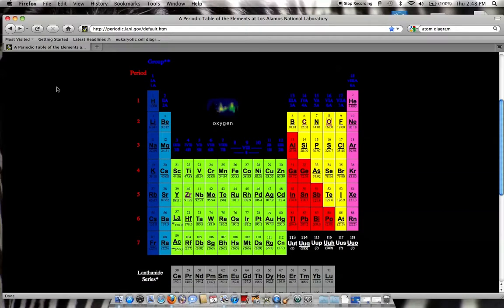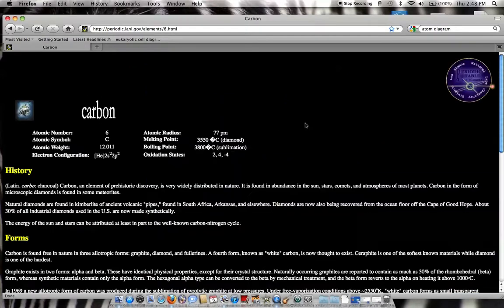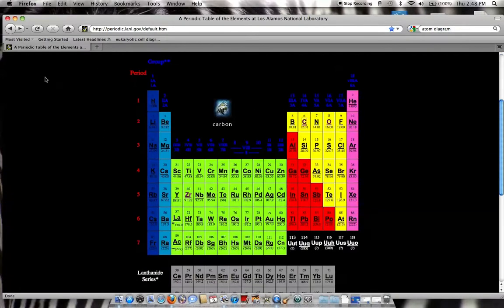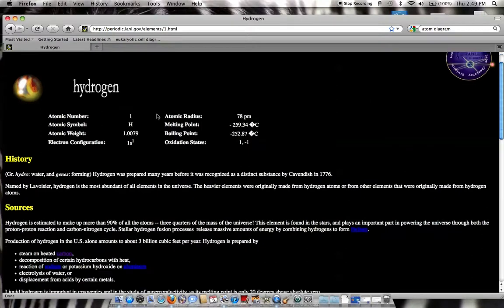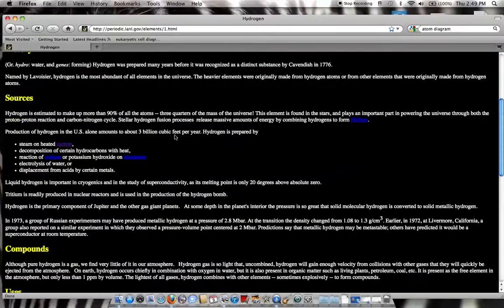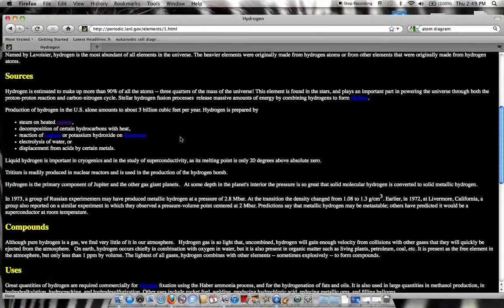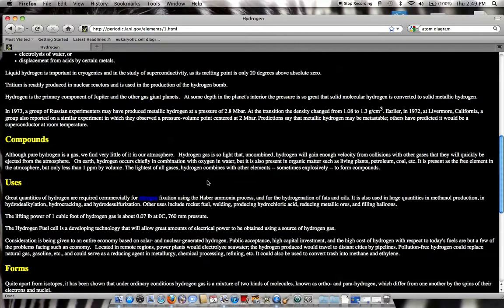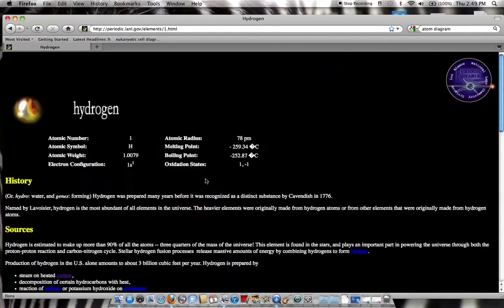The next major element is carbon. And we already looked at carbon, so I'm just zipping through here. The next major element is hydrogen. You want to take a look here and see where the sources of hydrogen are and what uses hydrogen has, and let's take a look there.